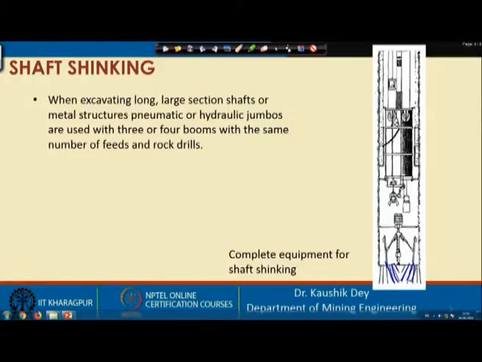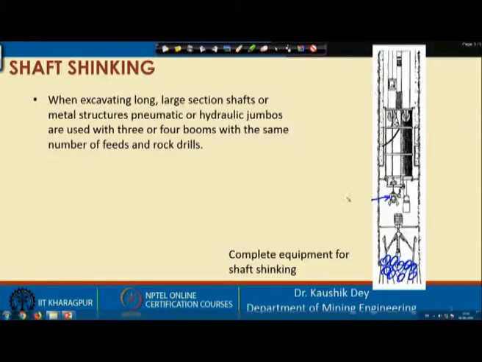These are the drill holes made using some mechanized or manual drilling machines. Then we blast these holes, and we create the fragmented rock mass at this position.